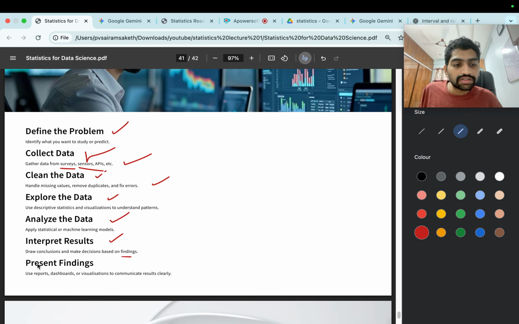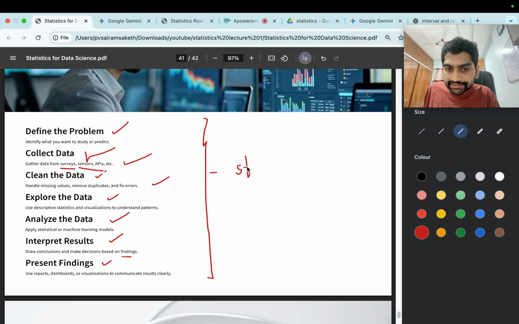Last, whatever analysis you have done, you make a report explaining what you performed, what your approach was, and how you achieved it. You can paste some plots or create a report explaining how you did the steps. This is the entire process of statistical analysis.